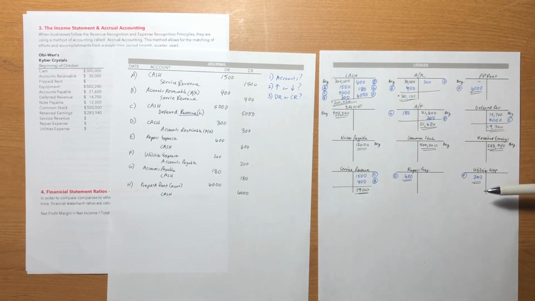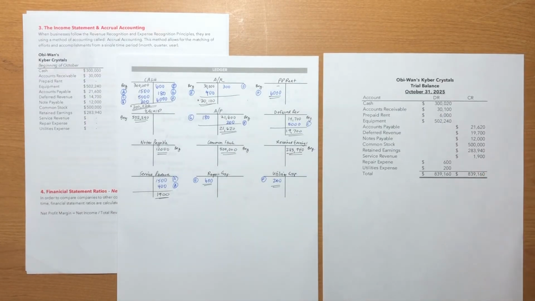Now, we want to make sure that we have done everything, at least to keep our accounting equation balanced, that we could do. And the way we check that, like we did previously, is to build a trial balance. Here's our trial balance for Obi-Wan's Kyber crystals.